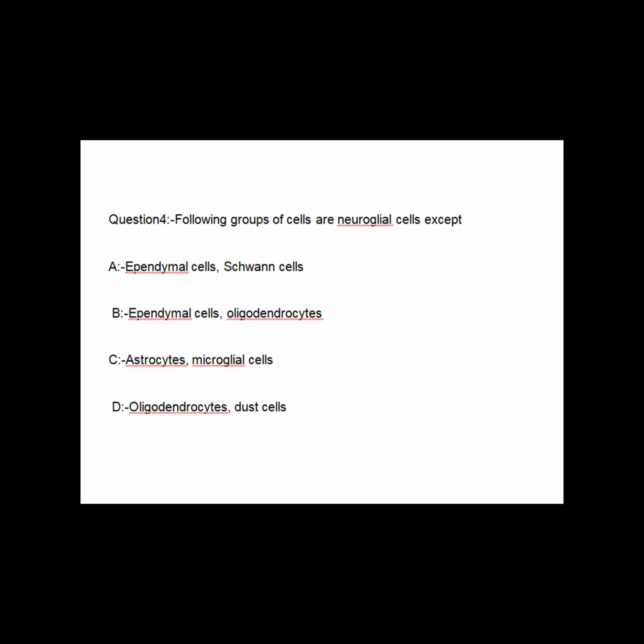Okay, so the following groups of cells are neuroglial cells, except, so you need to identify the group of cells which is not neuroglial cells. Option A, ependymal cells, Schwann cells.